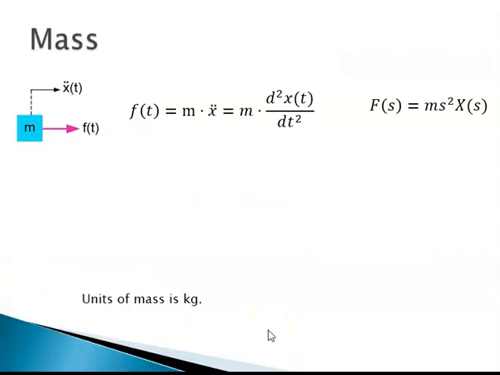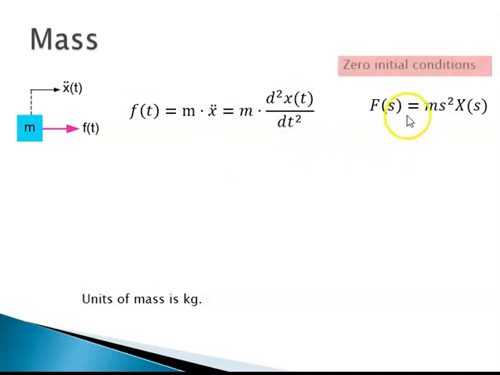The third component that we consider in an SMD system is the mass. According to Newton's law, for a constant mass body, the external force F(t) causes an acceleration equivalent to d square x by dt square, and the force is equal to m multiplied by the second derivative of displacement.